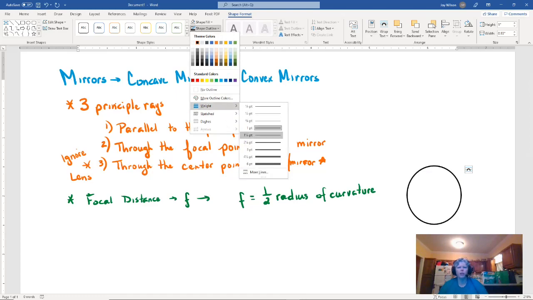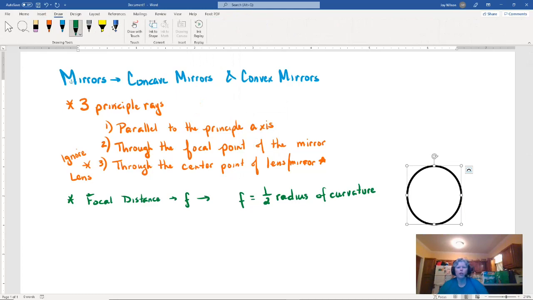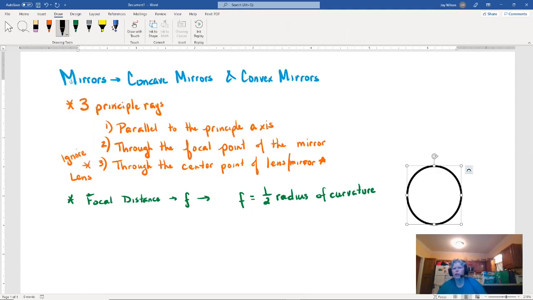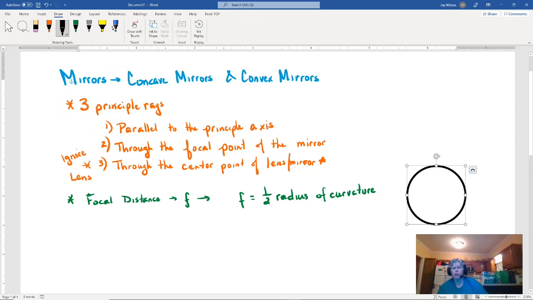Give it some weight. So here's our sphere. And when we draw our sphere, what we do to make it have that three-dimensional look to it is we draw it sort of like this.